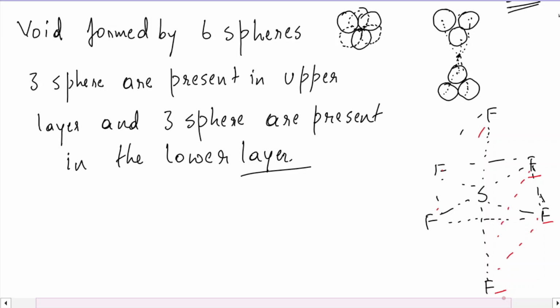So this geometry is known as octahedral geometry, and this pattern is somewhat similar. These two spheres and these two spheres are in the same plane, one is above the plane and one is below the plane.